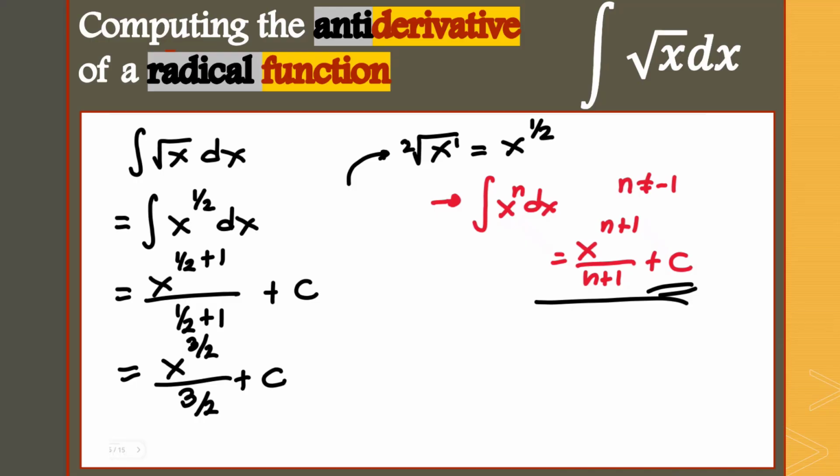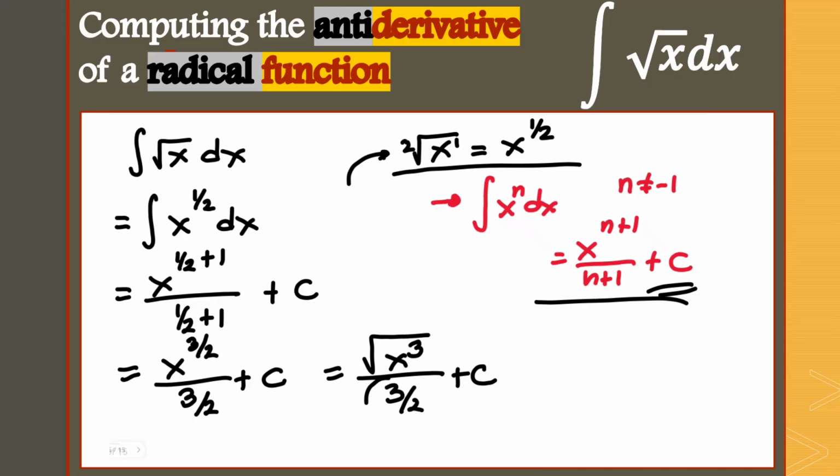We know that x to the power of 3/2 using this rule would be equivalent to the square root, because that's the index, of x cubed, over 3/2, plus c. Now, since this is a fractional denominator, we can use its reciprocal. This is equivalent to 2/3 square root of x cubed plus c. For some cases, this is already acceptable.